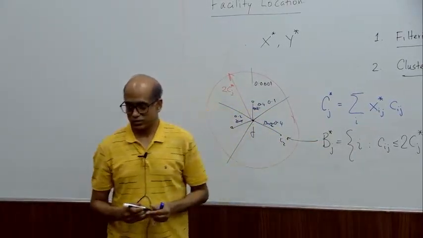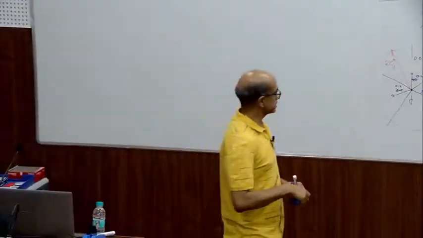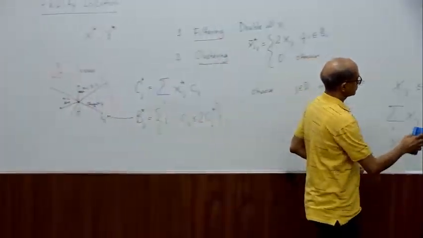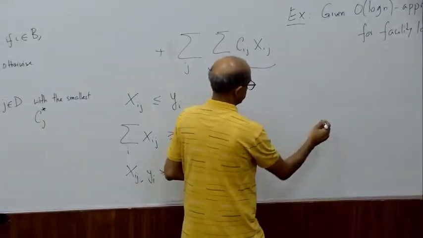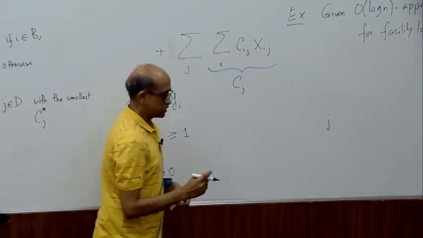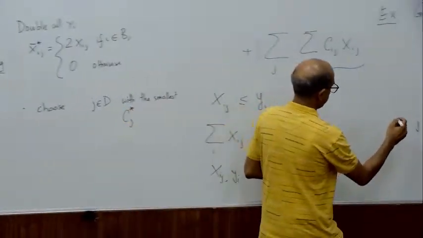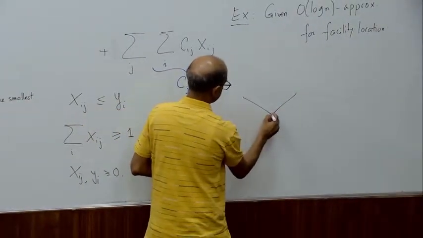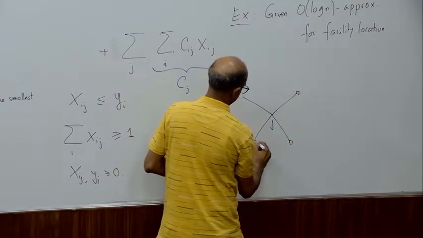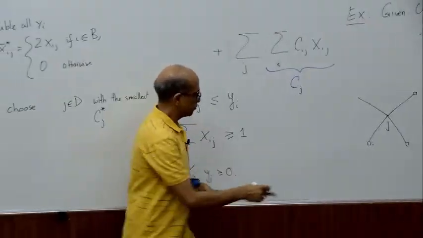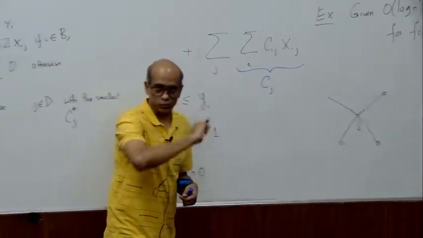Okay, so let's draw this. This is j, and it has the smallest cj star and is fractionally assigned in the new solution to various facilities. These are the i's to which it is assigned: 0.1, 0.2, and so on, adding up to 1 or more.